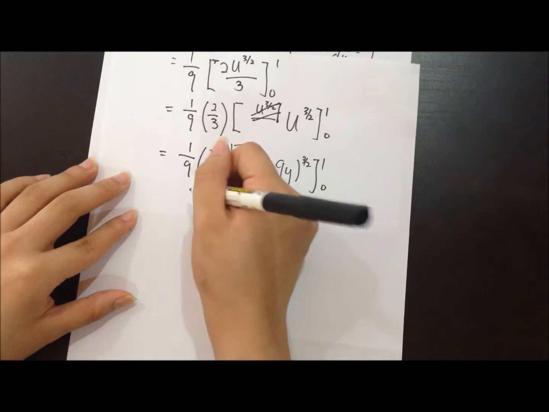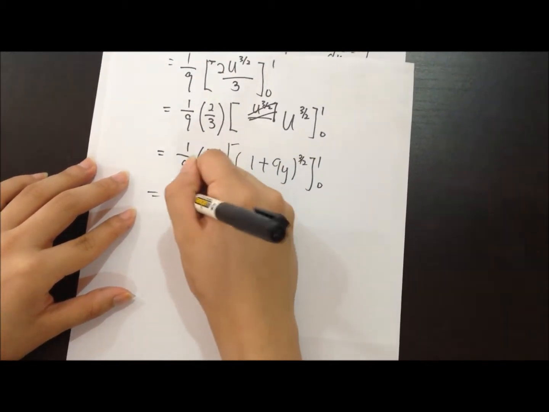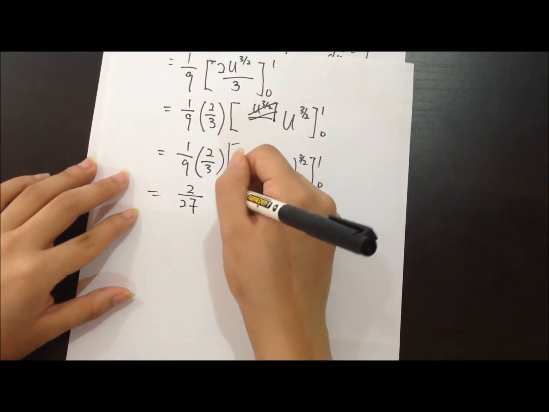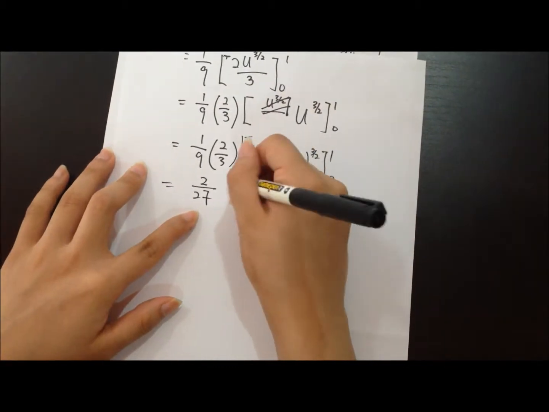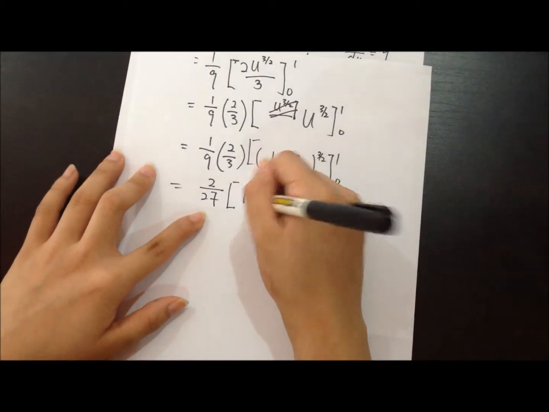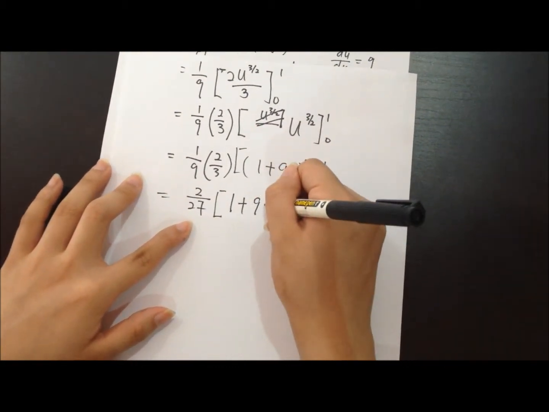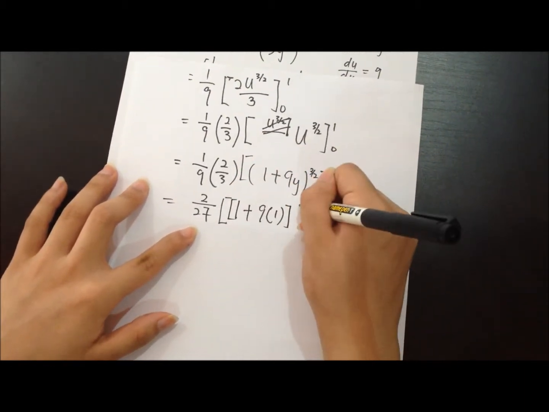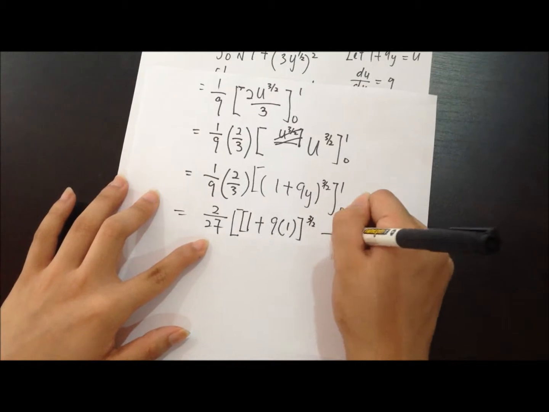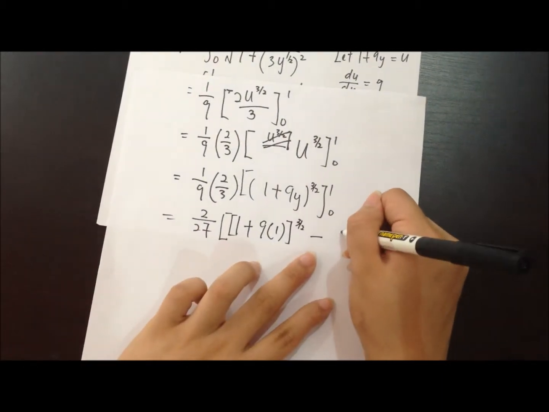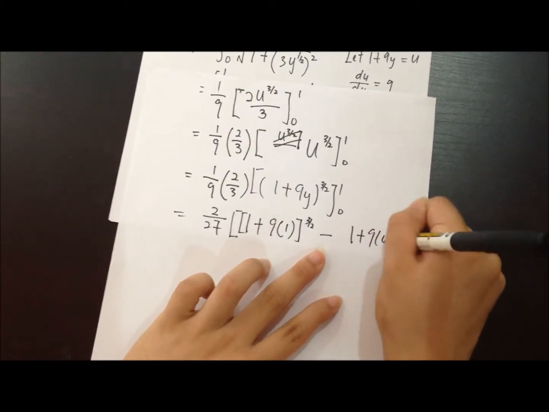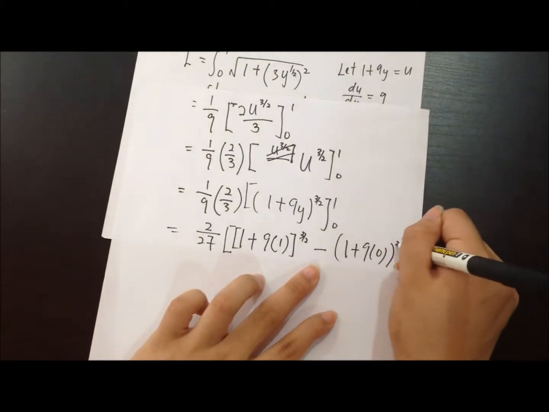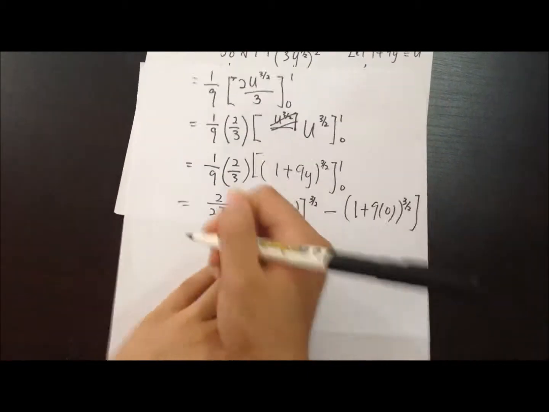So we simplify it. It will become 2 over 27, and it will be 1 plus 9 over 1, to the power of 3 over 2, minus 1 plus 9 over 0, then 3 over 2.